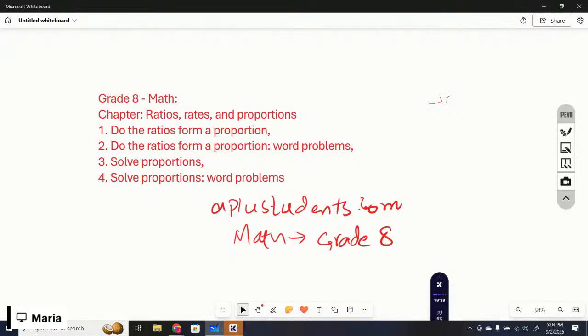Solve proportions word problems. So please make sure you have your notebook and pencil so that you can note down the important examples and definitions as well.